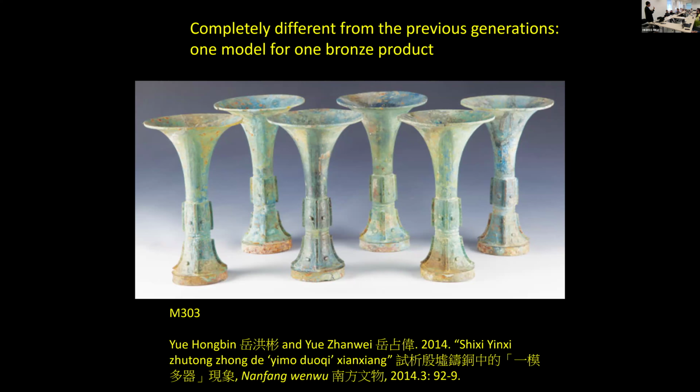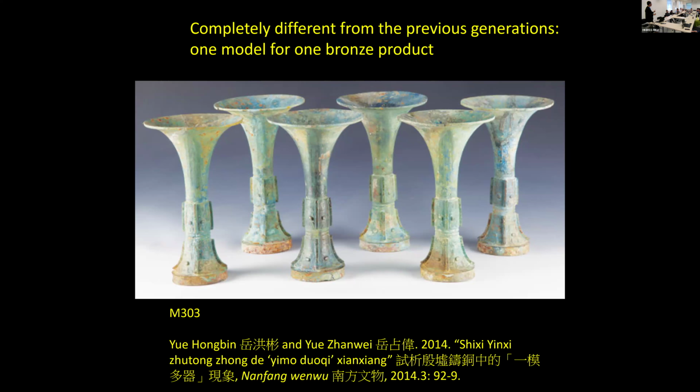But what I was just talking about in the past 10 minutes is one model for several identical mirrors. That means replication existed after 500 BCE all the way to 300 BCE. But before 500 BCE, for example in the Shang Dynasty, it was one model for one single bronze only, for unknown reasons.